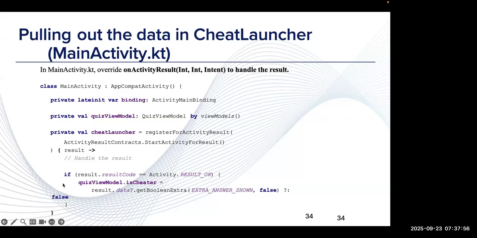And then it gives us some logic here. If the result is result okay, then we can go ahead and call the quiz view model, look at is cheater, the result, and get the data.